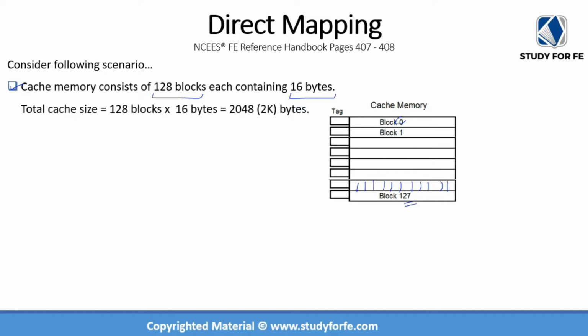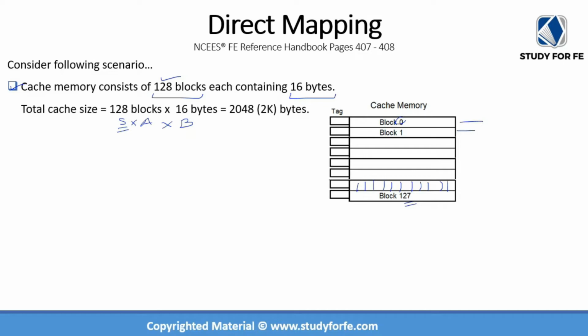So what is the total cache size? Total cache size is S times A times B, the same formula that we saw earlier. Now S is the number of sets or number of rows. In this case, this is the number of blocks. So the number of rows, we know that it is 128. And A, I explained previously, for direct mapping, A is always equal to 1.